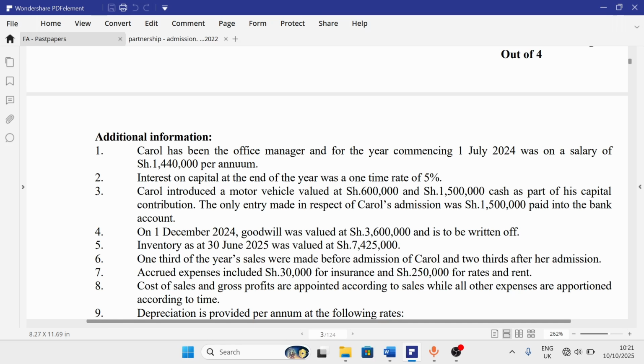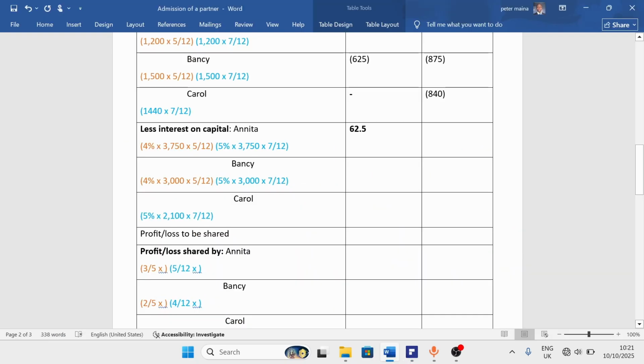So we are going to take interest just for 7 months. So that is what we are doing here. 5% multiplied by the amount of capital for Anita, and then you take interest for only 7 months. So 5% times 3750 multiplied by 7 divided by 12. This gives us 109.375, or 109.4 in 1 decimal place.